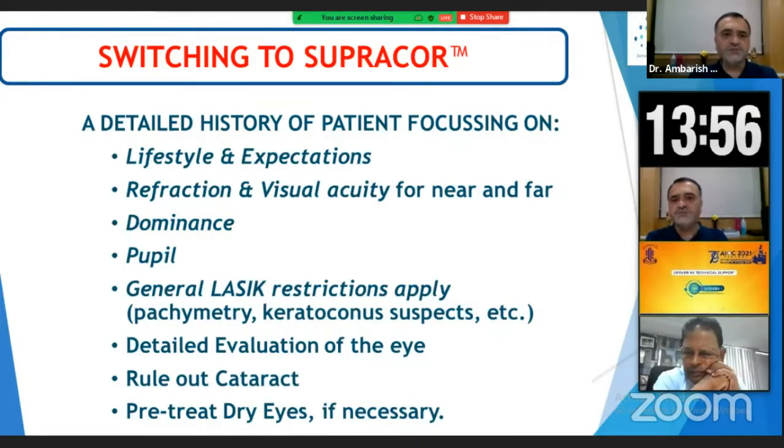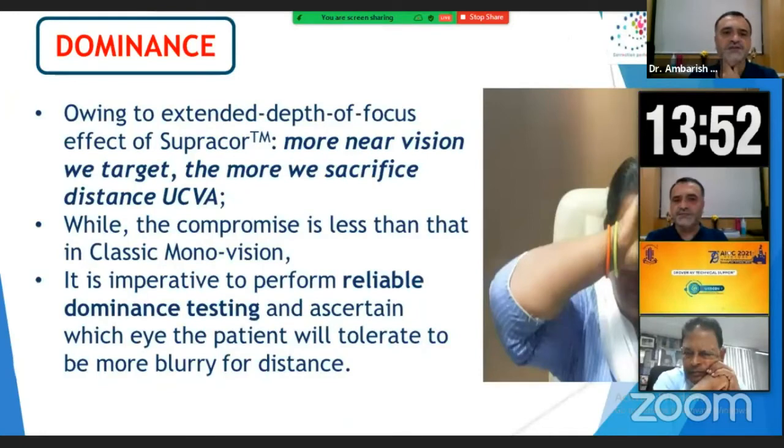Dominance, yes, because when you are talking about extended depth of focus, you don't want to compromise on distance or intermediate vision of the patient. And how it is different from, say, monovision, it provides you a good amount of intermediate vision also, and the distance doesn't get sacrificed to that extent, which normally we practice in providing monovision with contact lenses.